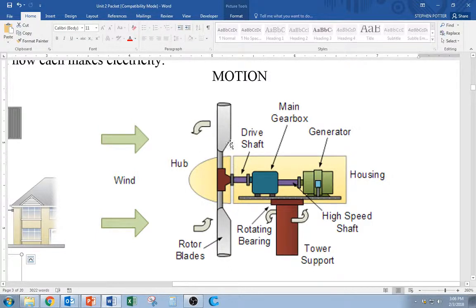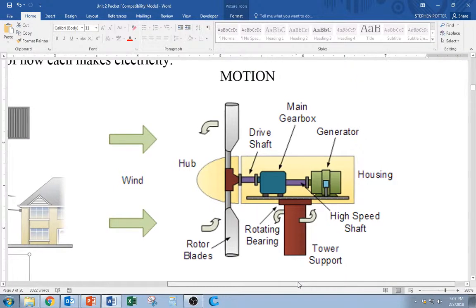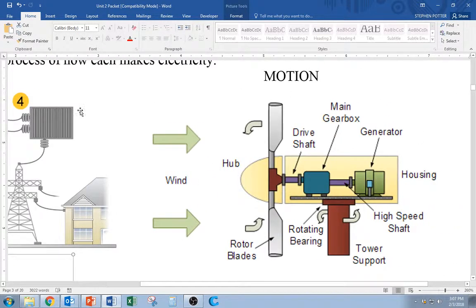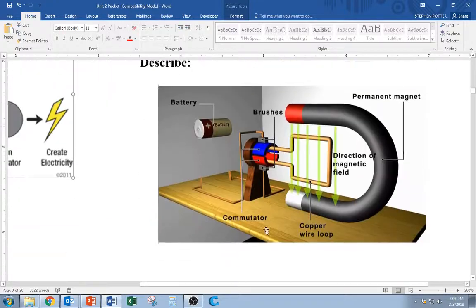We can just get a fan and connect it to a generator. So a windmill or a hydroelectric power plant is basically just steps 2 and 3 without having to have a heat source. This is how we make a lot of our electricity between these two methods.